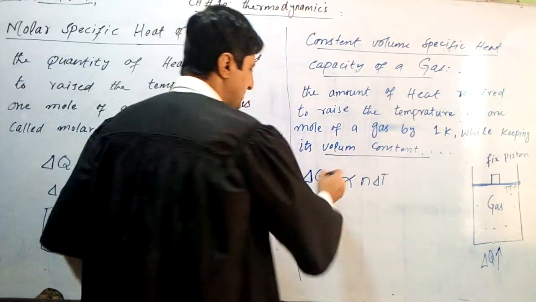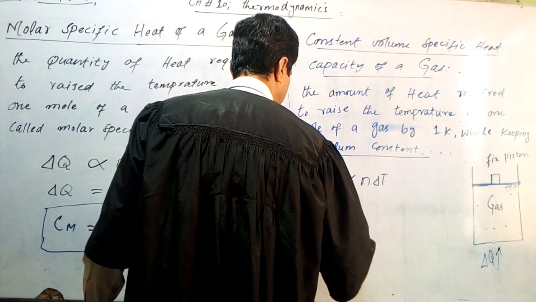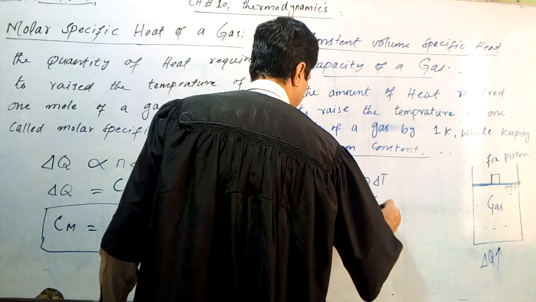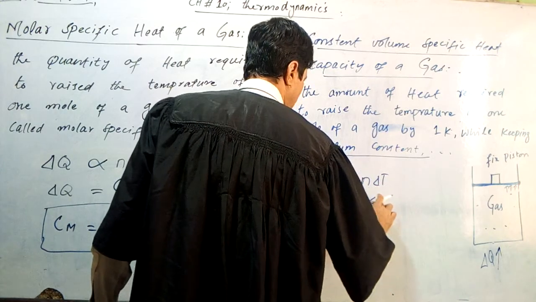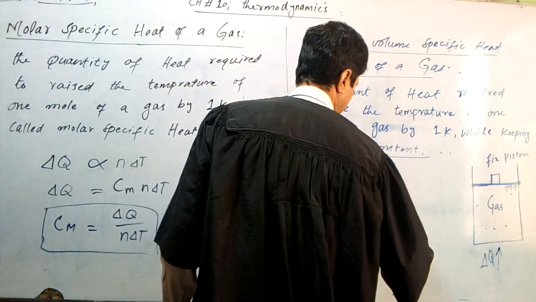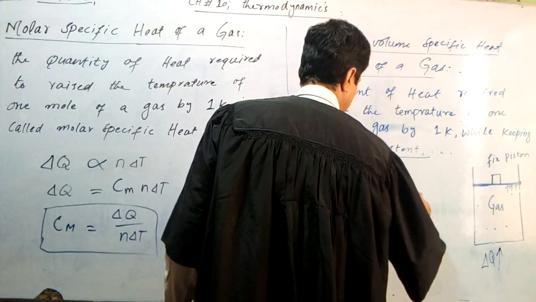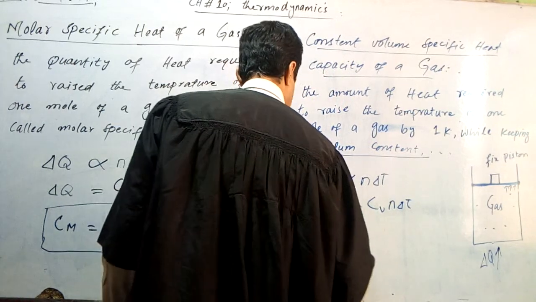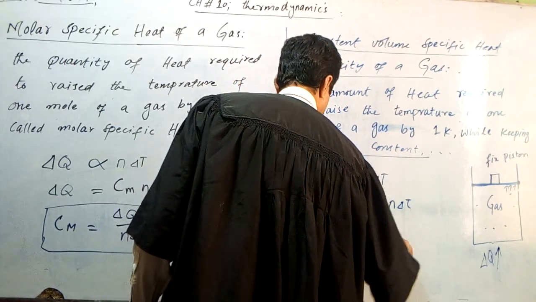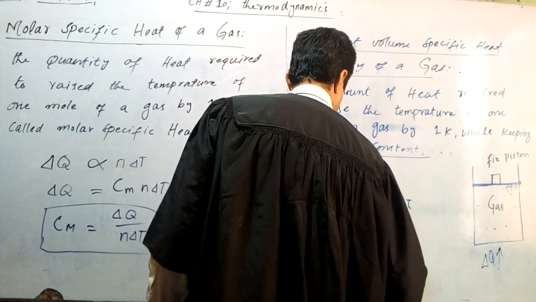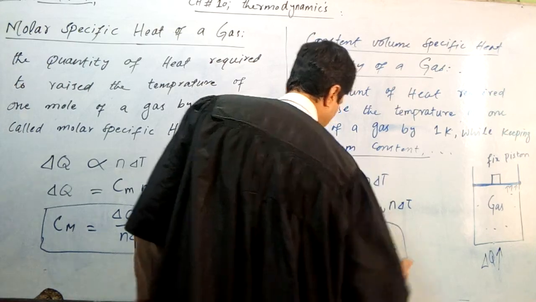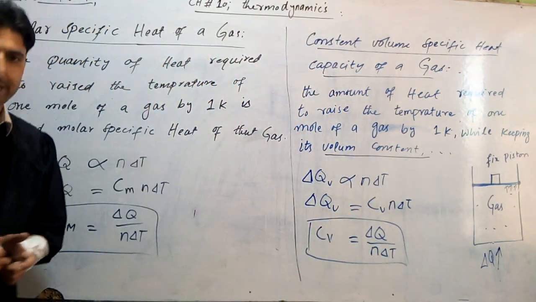To avoid the proportionality sign, delta Qv is equal to Cv n delta T, where Cv is a constant called the constant volume molar specific heat capacity of a gas. So Cv is equal to delta Q divided by n delta T.